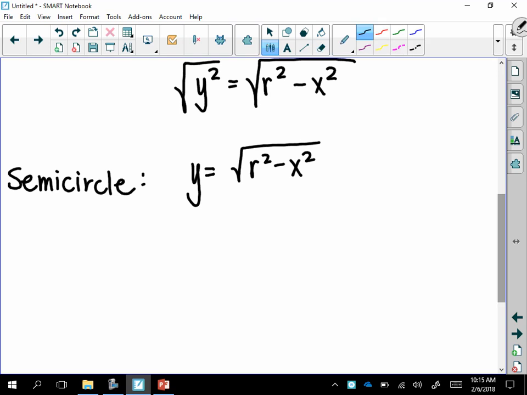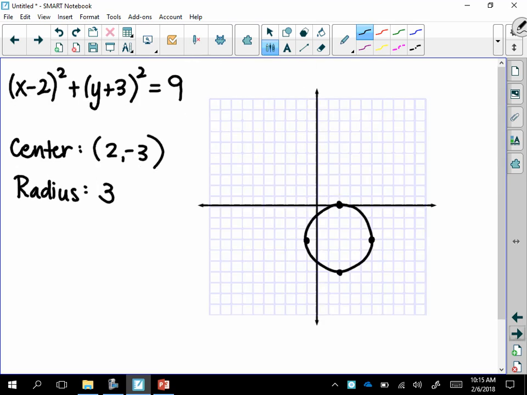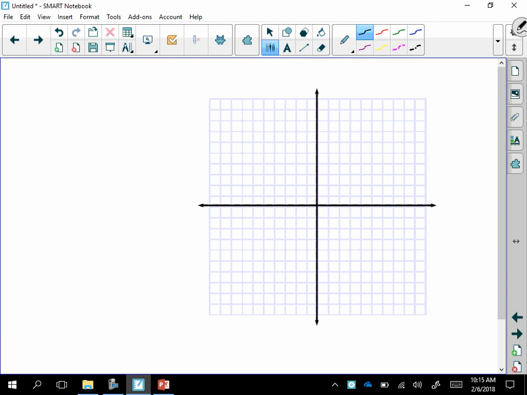And when we recognize that, then graphing semicircles is incredibly easy. Let's say, for example, I give you the equation y equals the square root of 49 minus x squared. Heck, I gave you that equation already today. It was on your class starter, right? When you recognize that that's of the form r squared minus x squared, then this is a semicircle.